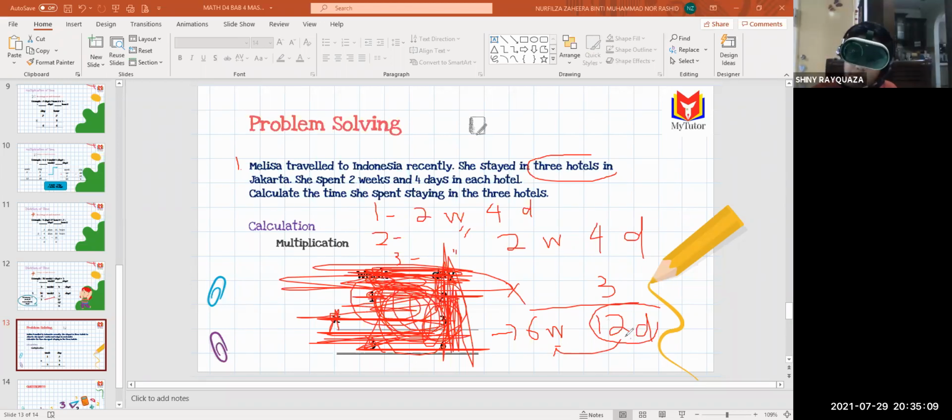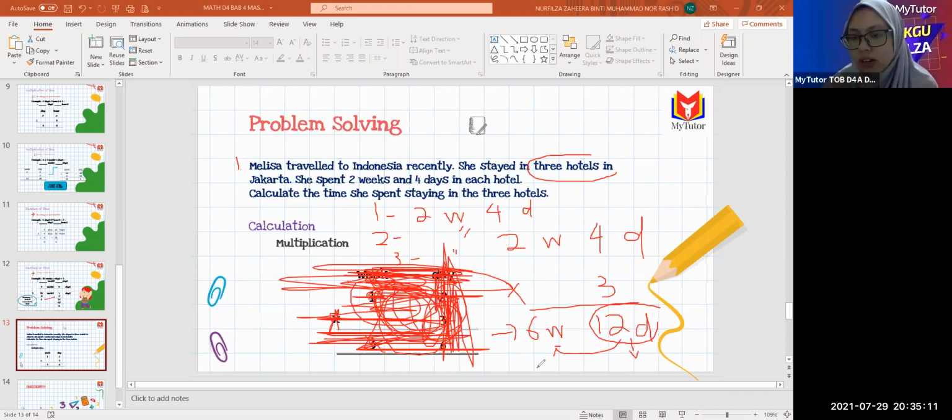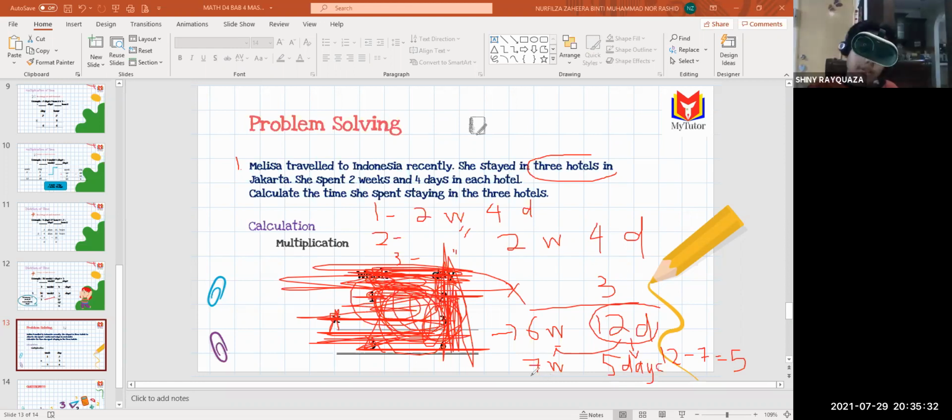To make this 7, you have to take out 7. Take out 7, 12 minus 7, it becomes 5. So the remaining is 5 days here, because you have taken out 7 and brought it to the weeks. So the answer is 7 weeks and 5 days.